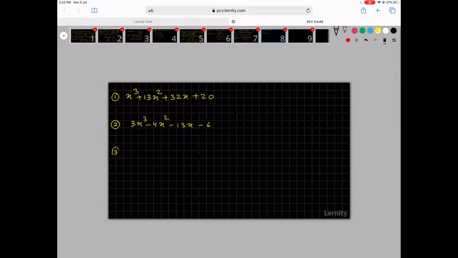Then the third one is x cubed minus 5x plus 4. I want you to be able to tell me whether x plus 1 or x minus 1 are factors of the given polynomial or not.